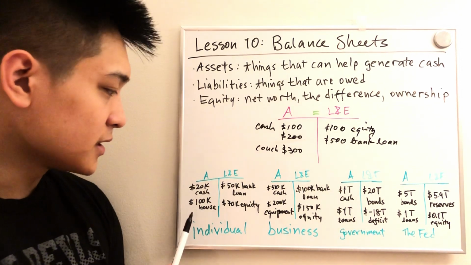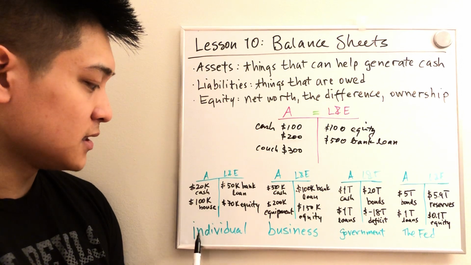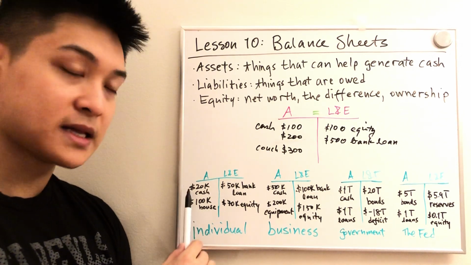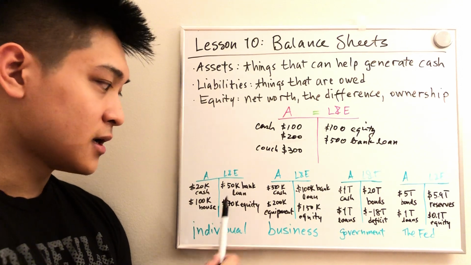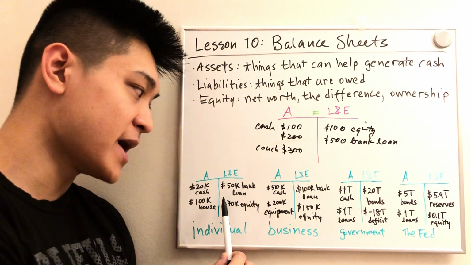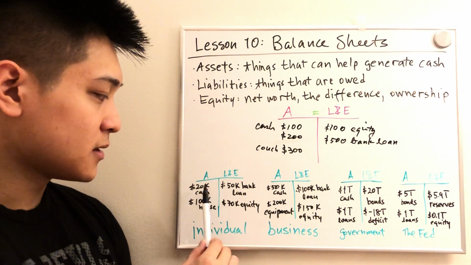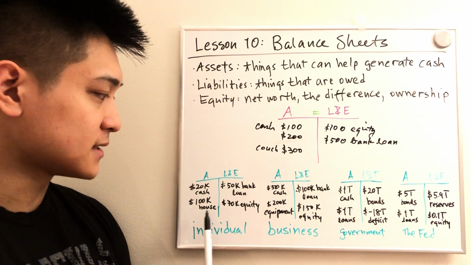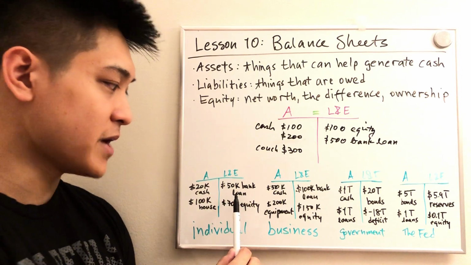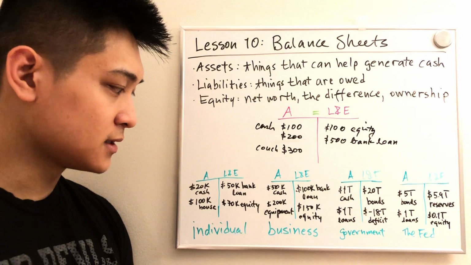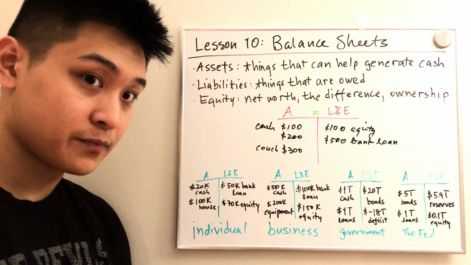In my example here, the individual owns a $100,000 house and $20,000 in cash, and they had taken out a loan from the bank, which was $50,000. And so if I do the subtraction of $120,000 in assets less $50,000 in a bank loan, that implies this individual has $70,000 of net worth.